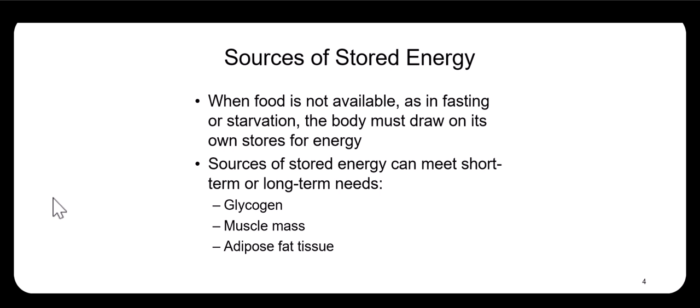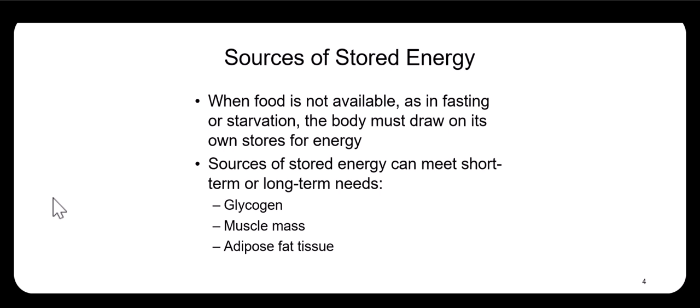It's a place to get glucose when I'm running low on glucose. It's also our short-term storage. So we'll say things like think quick when it comes to glycogen, meaning it's a place to put extra glucose quickly. It's a place to get glucose when we need it quickly. So that's our short-term storage.